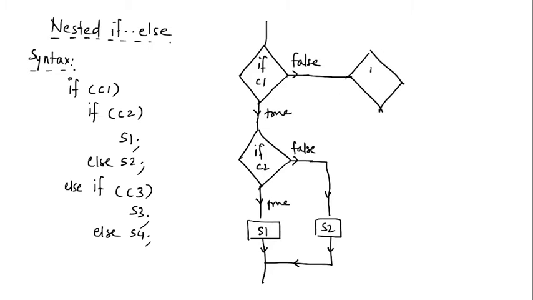That is, we will be checking C3. So if C3 is true, we'll be going with S3. And if C3 is false, we'll be going with S4.